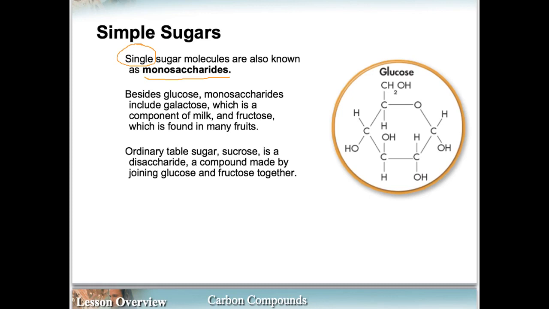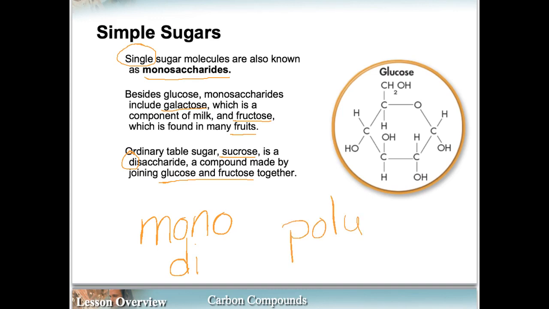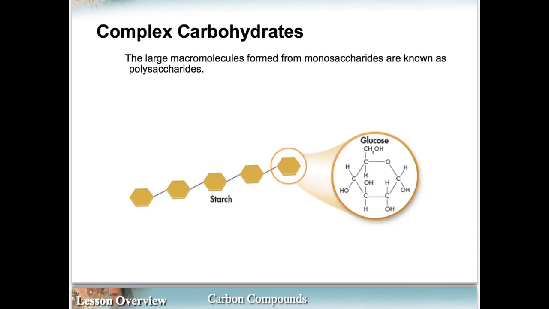Besides glucose, there are some monosaccharides called galactose, which is a component of milk. You have fructose, which is in many fruits. Ordinary table sugar, called sucrose, is actually what we call a disaccharide. It's formed by putting 2 molecules together, a glucose and a fructose. Remember that mono means 1, di means 2, and poly means many.